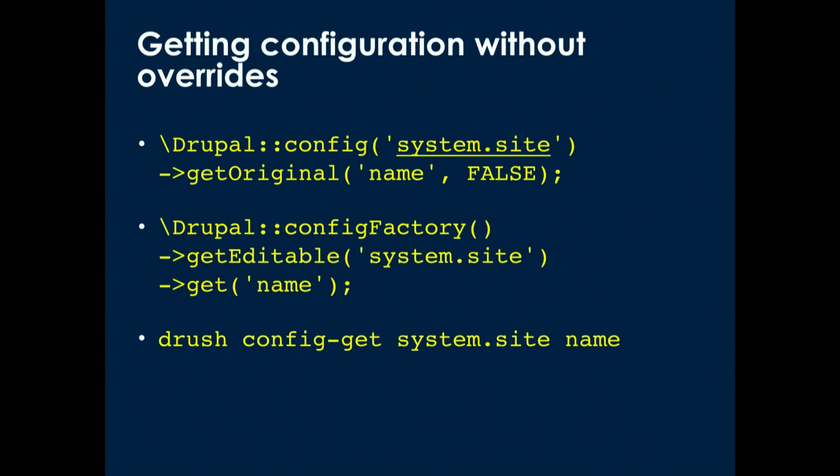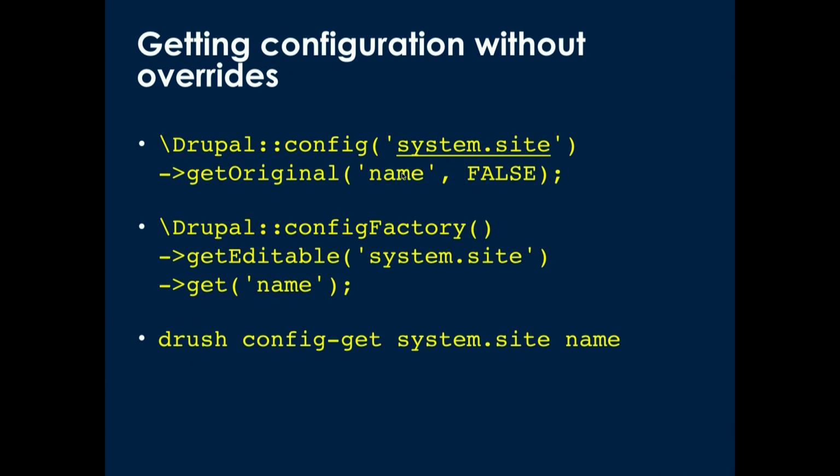So if you need to, in your PHP code, retrieve a configuration value without the overrides, you can. In this case, we're using the config service, and we're getting the system site configuration, and we're saying get original, and we want the name ID from the system site configuration.